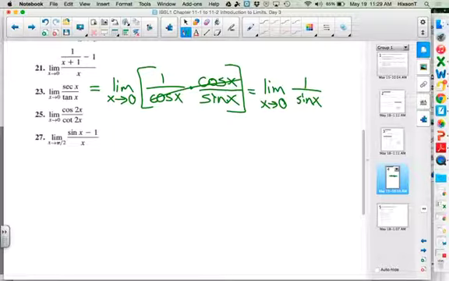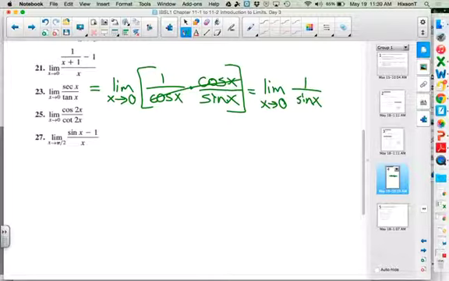Now, as x approaches 0, sine is approaching 0, right? It means there's going to be an asymptote here. So in this case, the limit does not exist. There's no way to rationalize or simplify this.